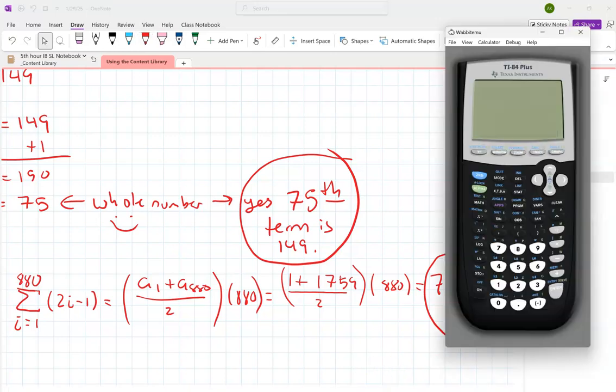And maybe if I wanted to check that, I could. Notice the lag here, that's real common, especially if you're doing a big sum. But there it is, matches what we got.